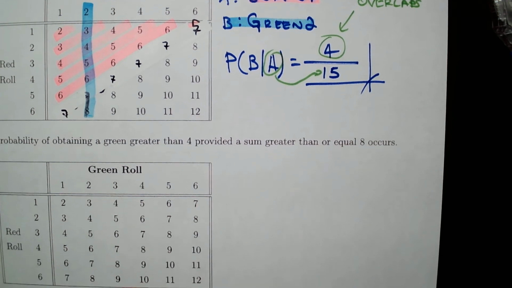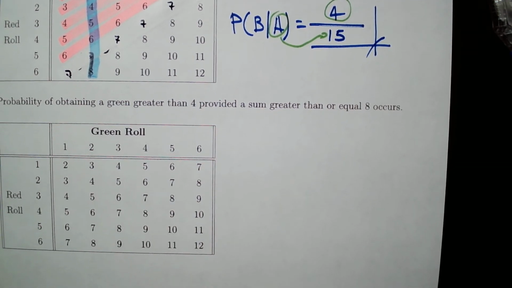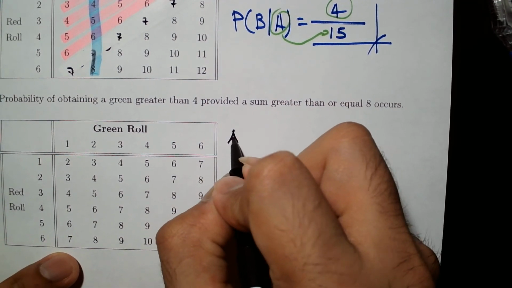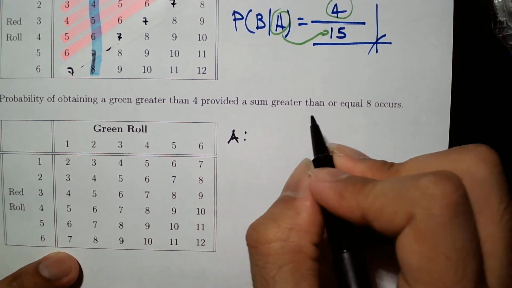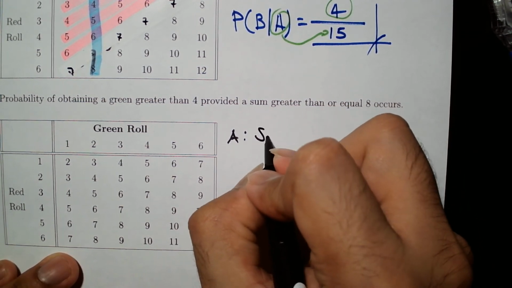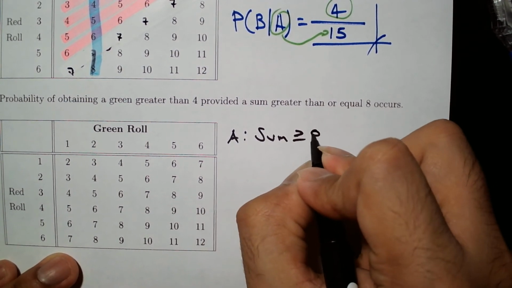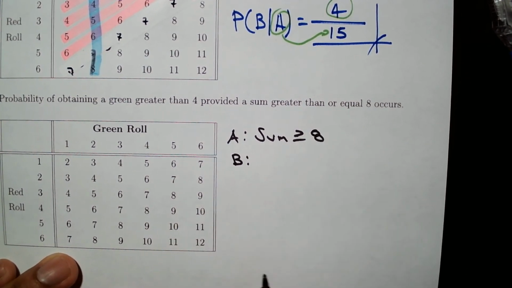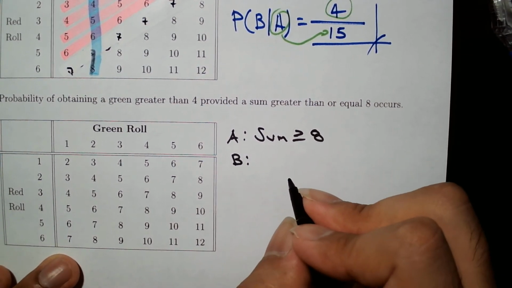And the last example, it's going to be, well, probability of obtaining a green greater than 4 provided a sum greater than or equal to 8 occurs. So let's define the event A, which is a sum greater than or equal to 8, and B, green greater than 4.